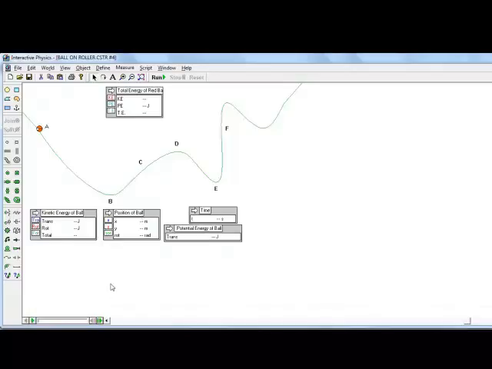And again, just like we've done before, you will notice there are multiple positions, point A, B, C, D, E, and F. And if we let it run through, it's actually going to go really fast. Okay, it'll just zip around, so on and so forth. So we want to reset it, and what you're going to do is you're going to step it through slowly, just like always, and look at specific points.